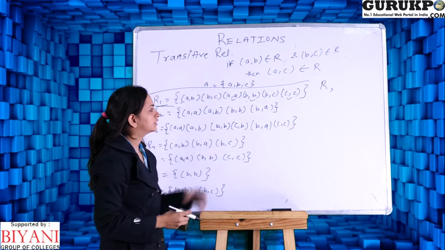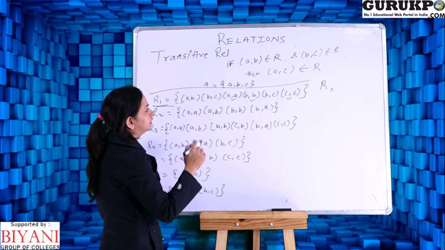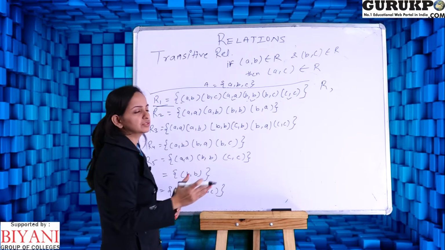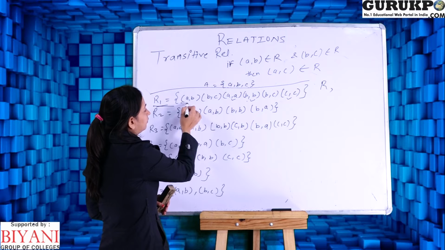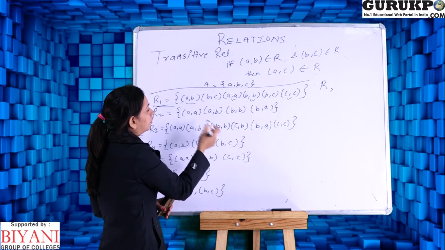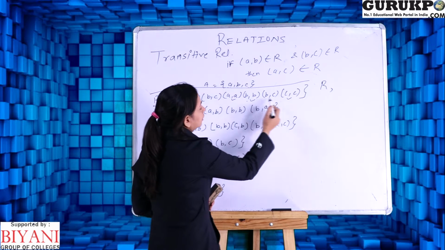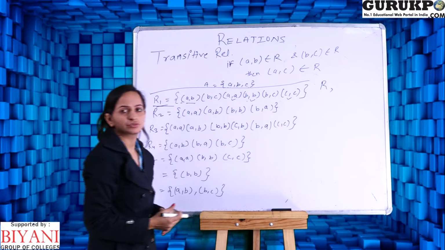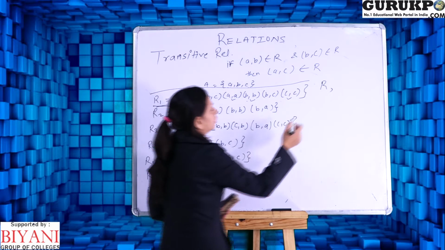Now moving to the second one, symmetric relation. The symmetric condition is, if AB belongs to R, BA must belong to R. So here AB belongs to R. Now I am searching for BA. Does it belong to R? Oh, I didn't find it. So BA does not belong to R. That means this is not symmetric.